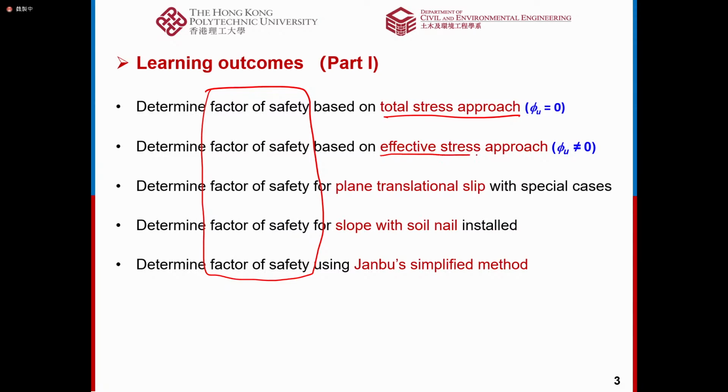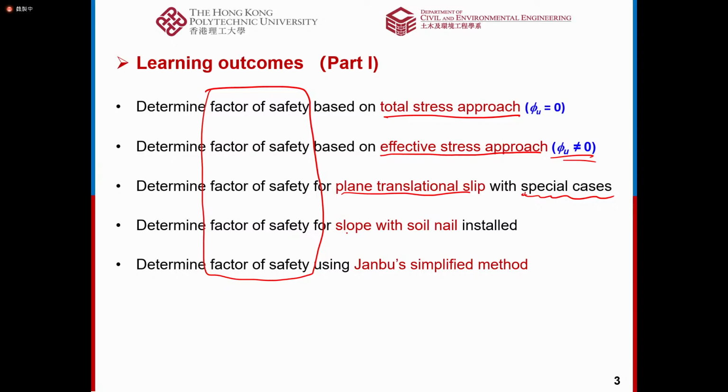And for the effective stress approach, phi is not equal to 0, so we should consider the effective stress principle. And for the plane translational slip, there are several special cases: the water table position and even the seepage force.